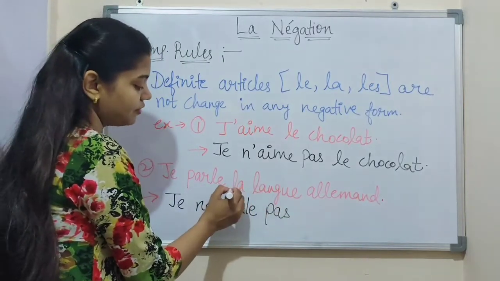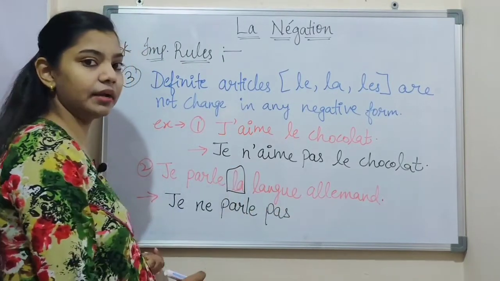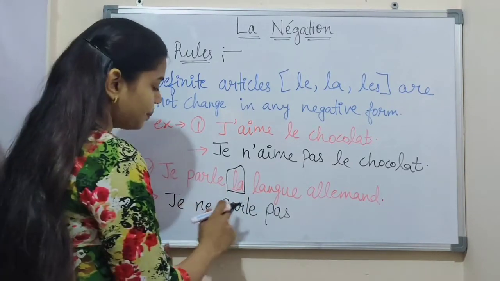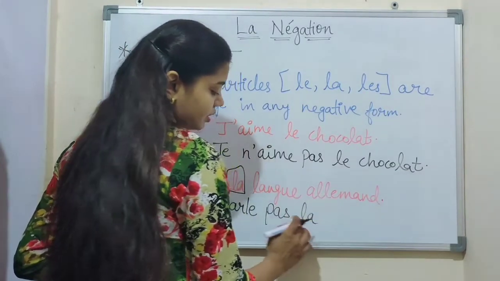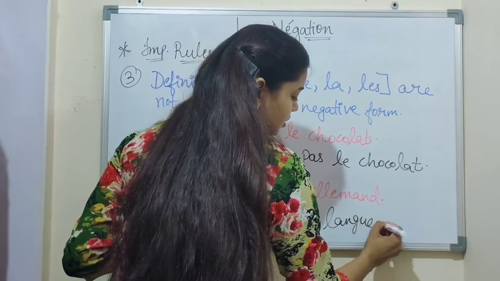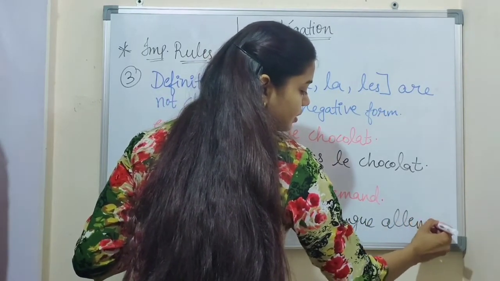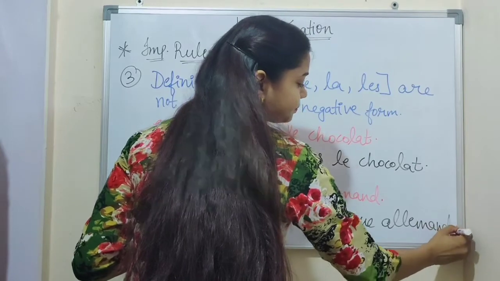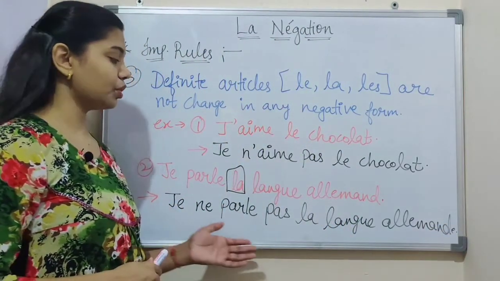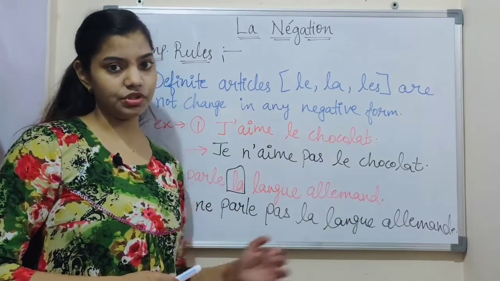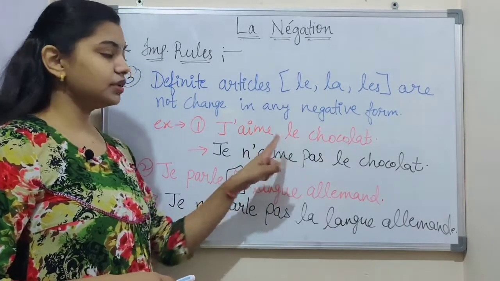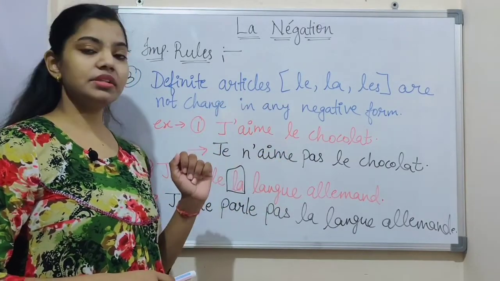Now we have la, a definite article. So definite articles do not change in any negative form. Okay, je ne parle pas la, it is written as it is, la langue allemande. Je ne parle pas la langue allemande, that means I do not speak the German language. ठीक है, so we do not change le, la, les, that means definite articles in the negative form.